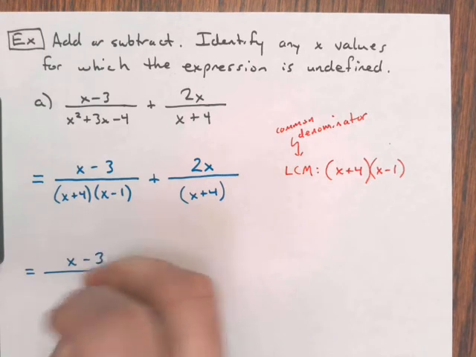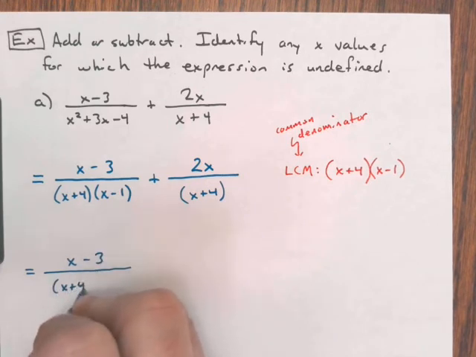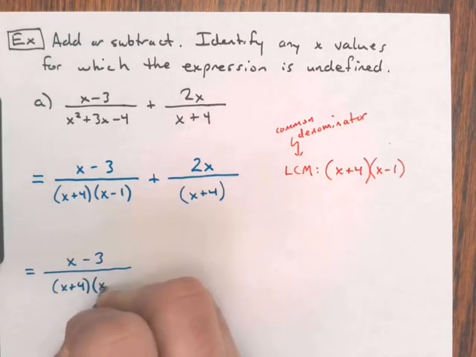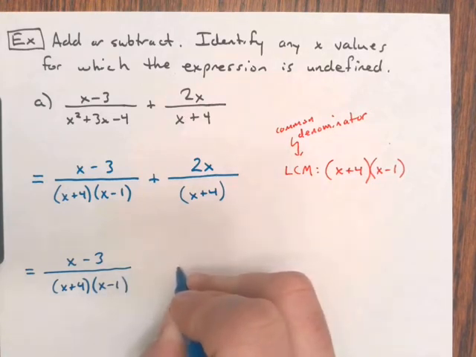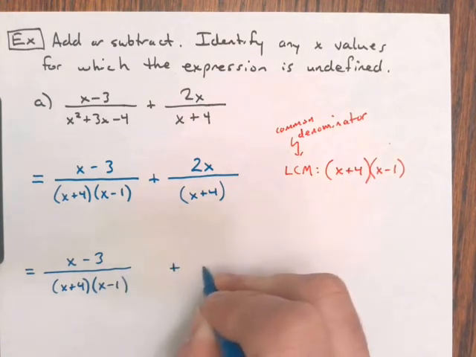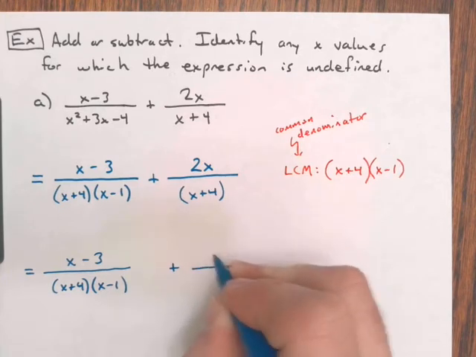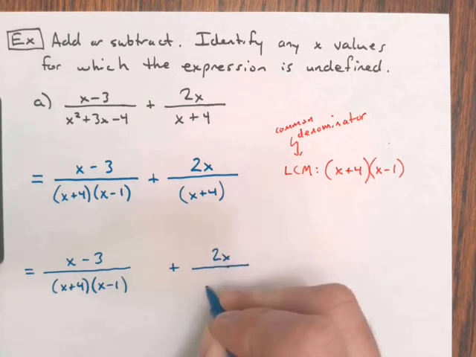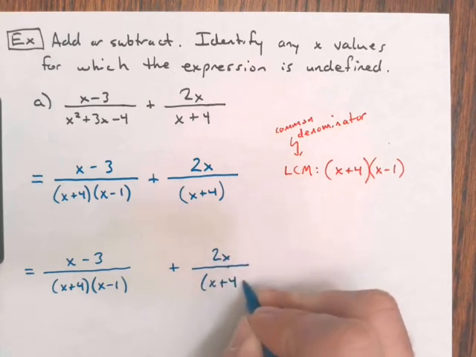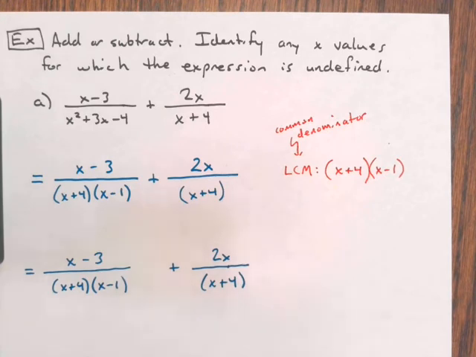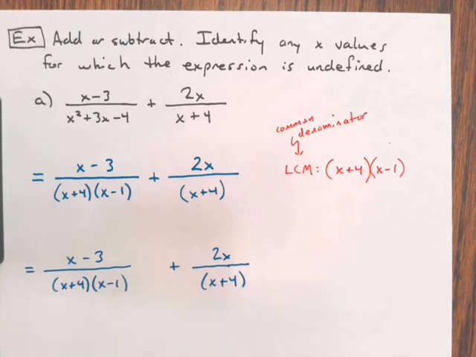So in this next step, I'm just going to copy these down again, but I'm going to leave a little bit of space after each one of those fractions, so that I can get these denominators to be the same.